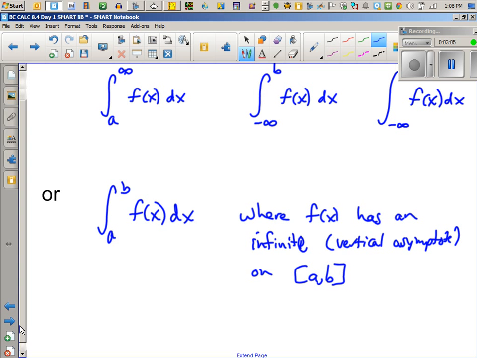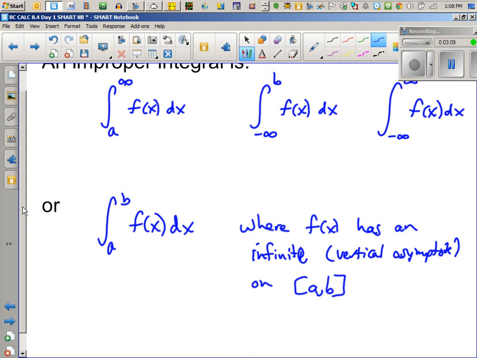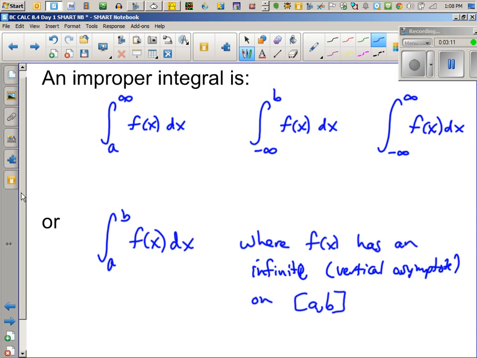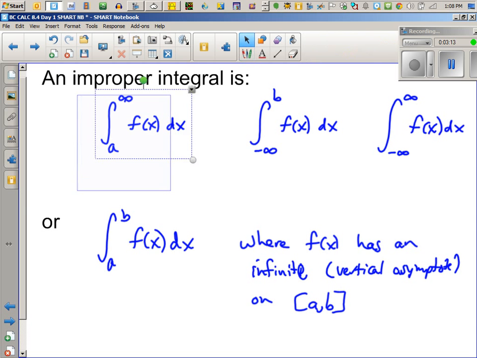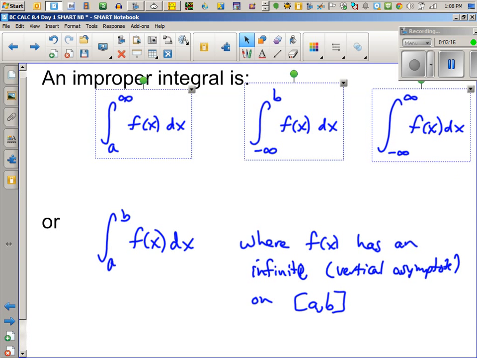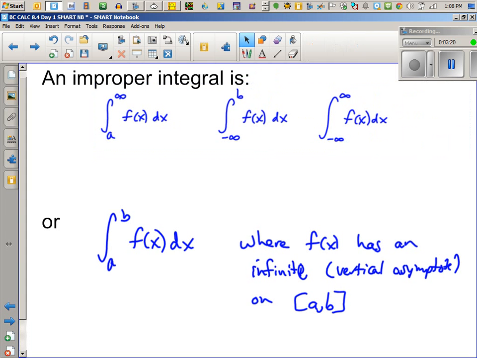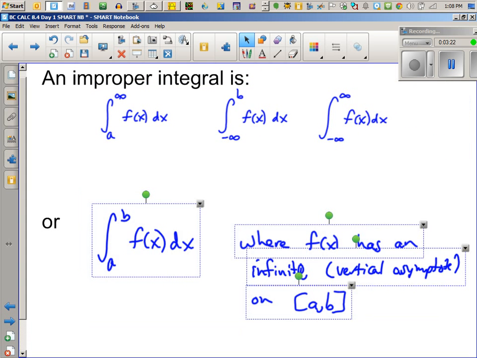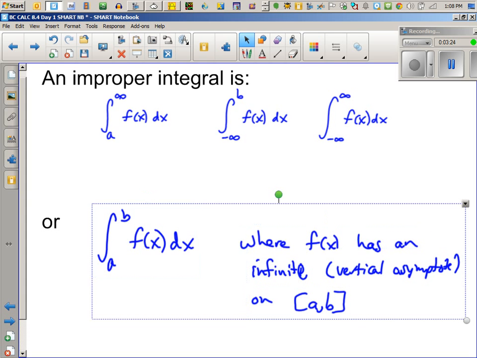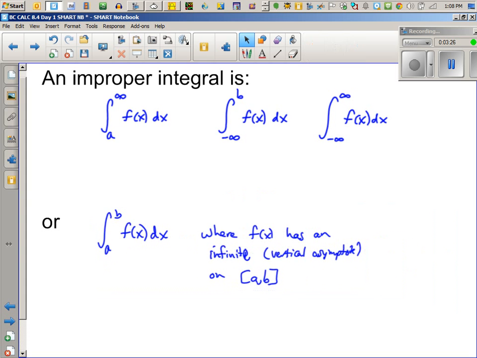I'm going to draw some pictures for you so you can understand. For each of these impropers, I'm going to draw you a little diagram. You could copy the pictures with me. Here's a picture of the first situation.